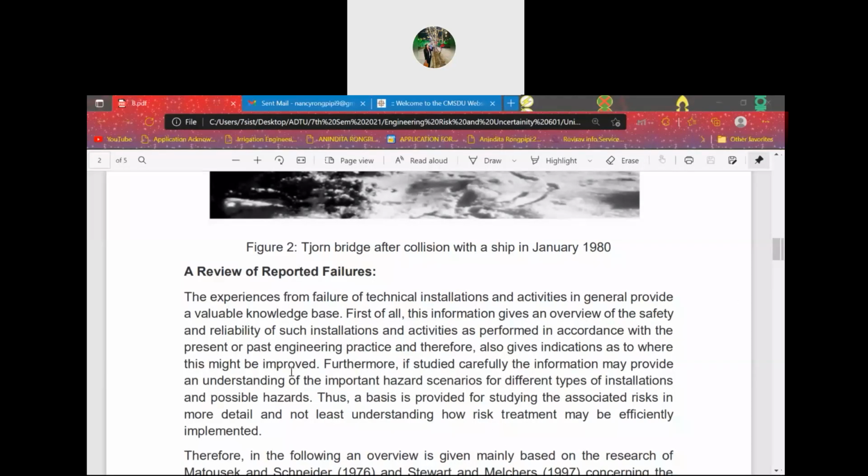So this information gives an overview of the safety and reliability of how such installations should be done or performed in accordance with present and past engineering practice. Therefore, it also gives an indication as to where this might be improved.